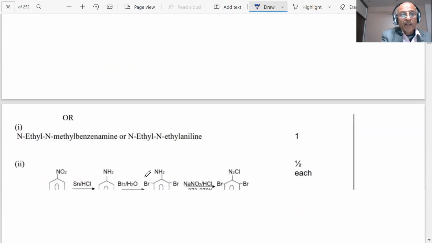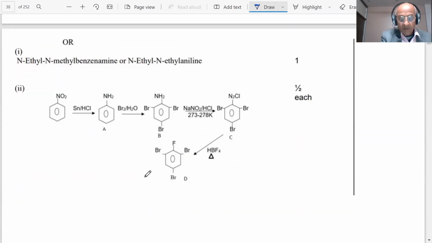Let us see the answer given by the CBSE. All right, this is the answer. Reduction, bromination is a strongly activating group. You can see that strongly activating group, strongly ortho-para activating group.